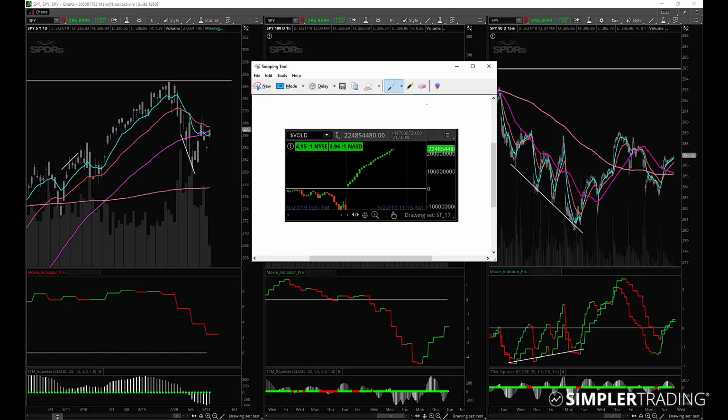Another thing I wanted to incorporate in my bias is the advance-decline volume: 4.95 to 1 on the NYSE and almost 4 to 1 on the NASDAQ, and this has been steady all day long. We still have maybe an hour and a half till close.